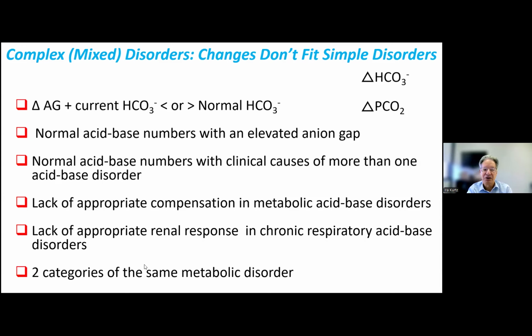For instance, a patient with ketoacidosis who has diarrhea has two reasons for their change in bicarbonate: an anion gap metabolic acidosis and a non-gap metabolic acidosis. We would call that a mixed disorder also, even though both are metabolic acidosis.